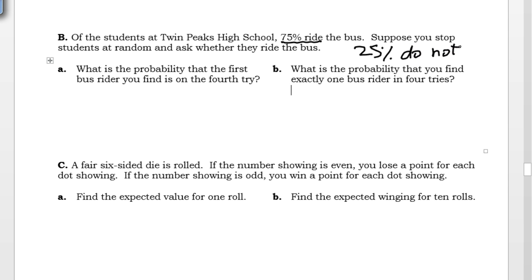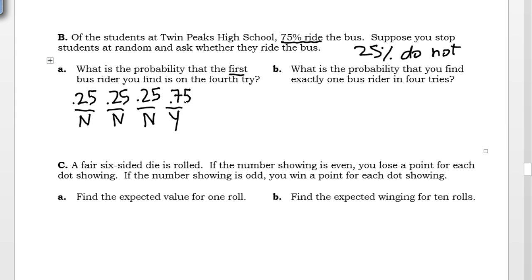So if I'm going to ask 4 people, hey, do you ride the bus? The first person's going to say nope, and the second person's going to say nope, and the third person's going to say nope, because the first rider I find is on my 4th try. So if I do not ride the bus, that is 0.25 for 25%. And I do not, and I do not, and I do. Those are my probabilities.